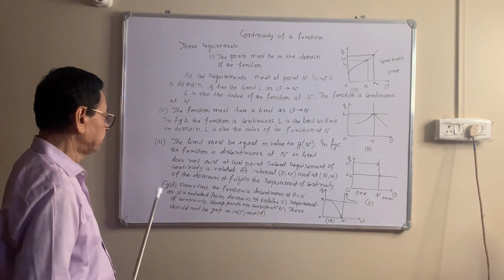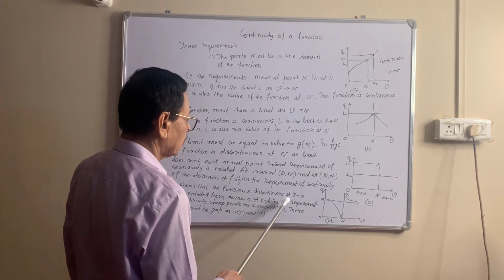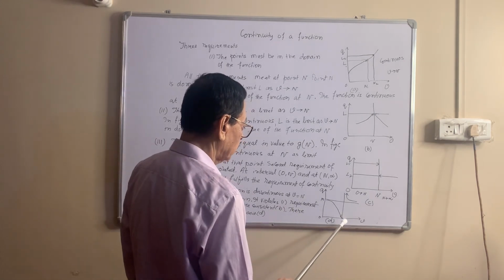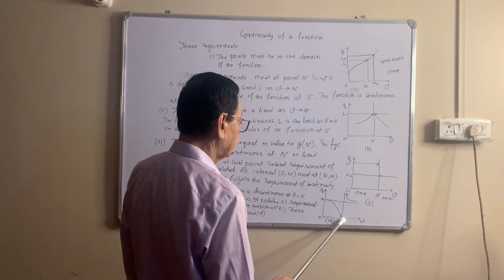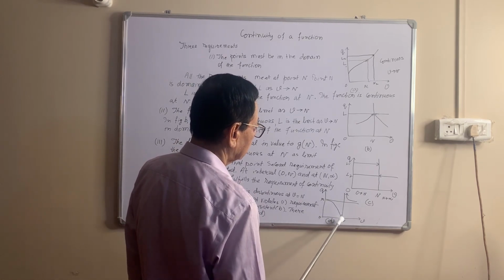In figure D, again the function is discontinuous at V equal to N. So when V is N, it is discontinuous. It is declining.